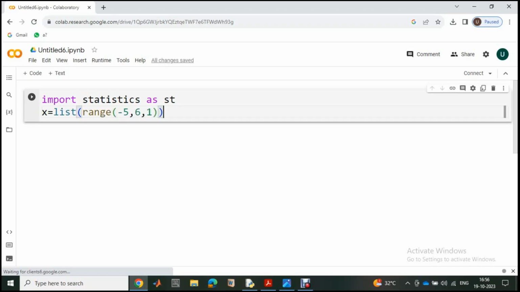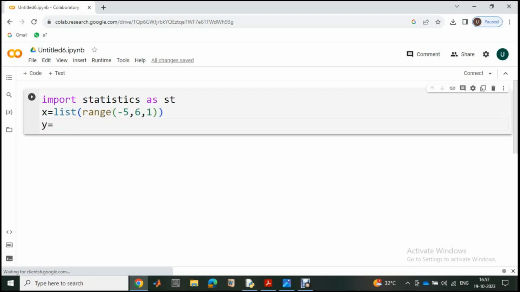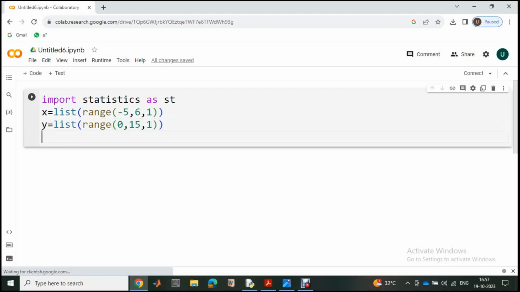So this is my x. Then y equals, again I want to generate y data, so here also I'll use the range function, starting from 0 to 15 with a step of 1. This is how generally I want to take this. So one is having x data.